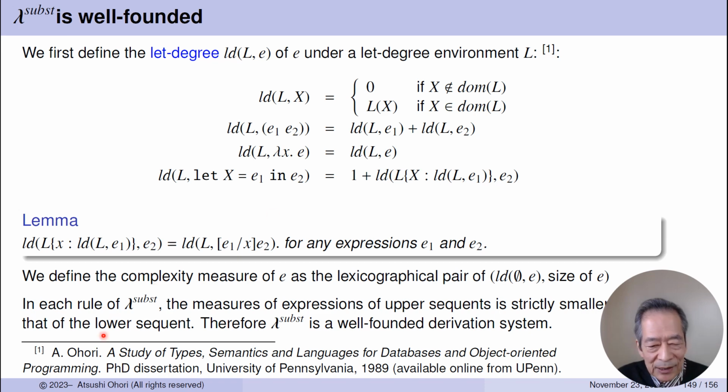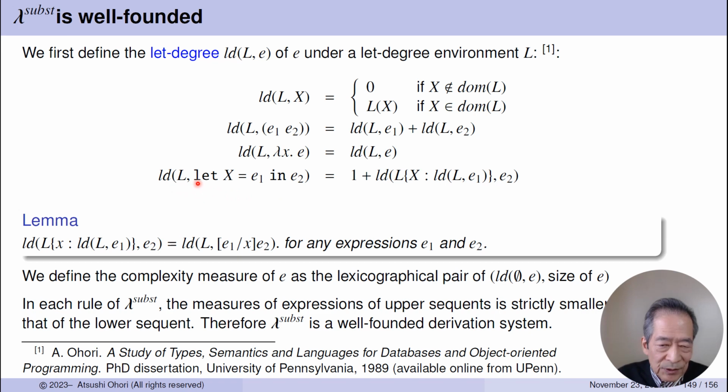You can find the exact definition in this 1989 dissertation. So let degree LD of L comma E. This is a let degree of E under let degree environment L. So this is defined this way.